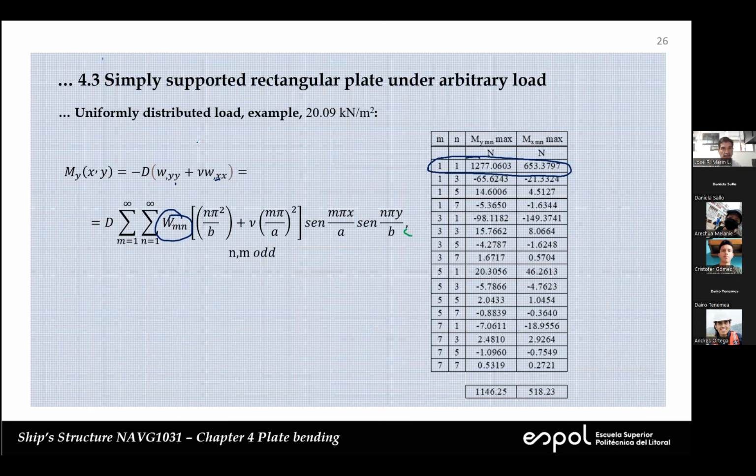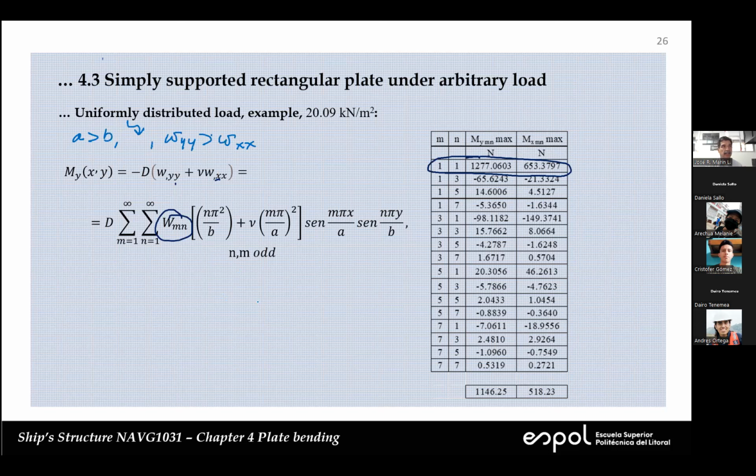We can put it somewhere over here, so you can remember. When A is larger than B, and for this case, uniformly distributed load, Wyy is larger than Wxx.